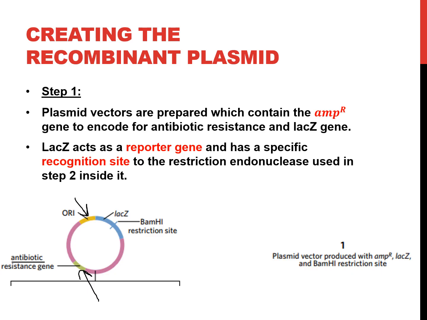Lastly, it has a reporter gene, the blue one, LAC-Z. In this case, it's just going to have this one restriction site where a restriction endonuclease is going to cut right through. So step 1 is essentially preparing your plasmids: some sort of vector that we know has an antibiotic resistance gene and a restriction site found within the LAC-Z gene. That's going to come back later too.